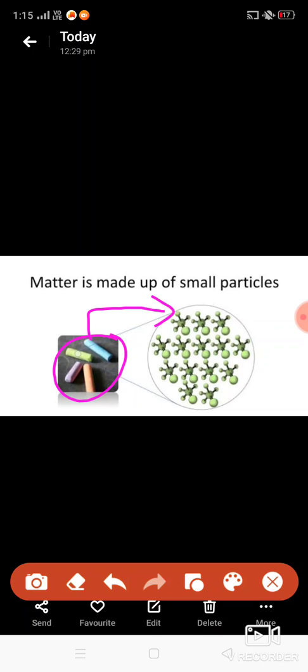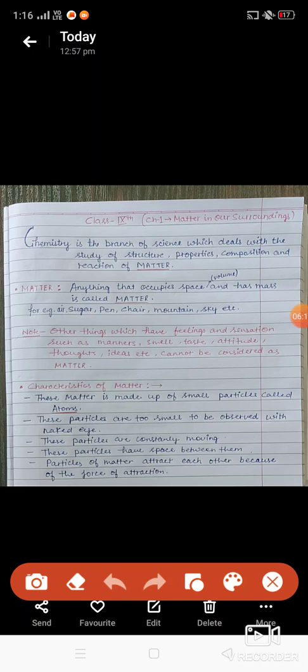These are very minute particles, which cannot be seen by the naked eye. So the next characteristic of matter is that these particles are too small to be observed with the naked eye, very very small particles.